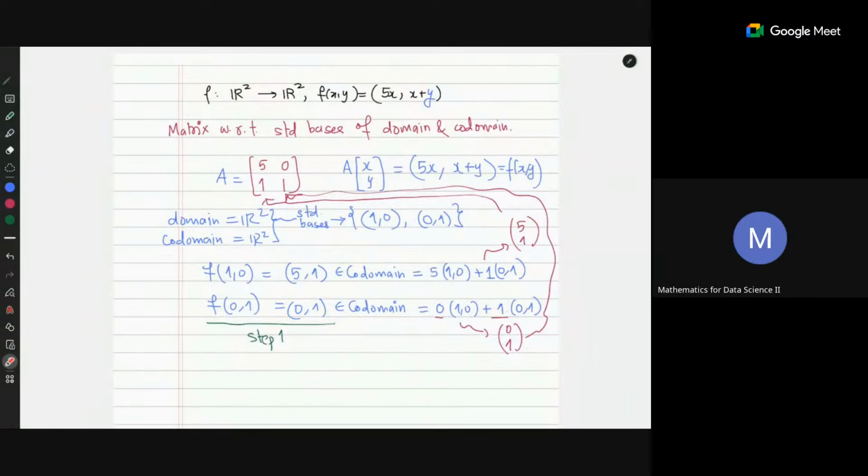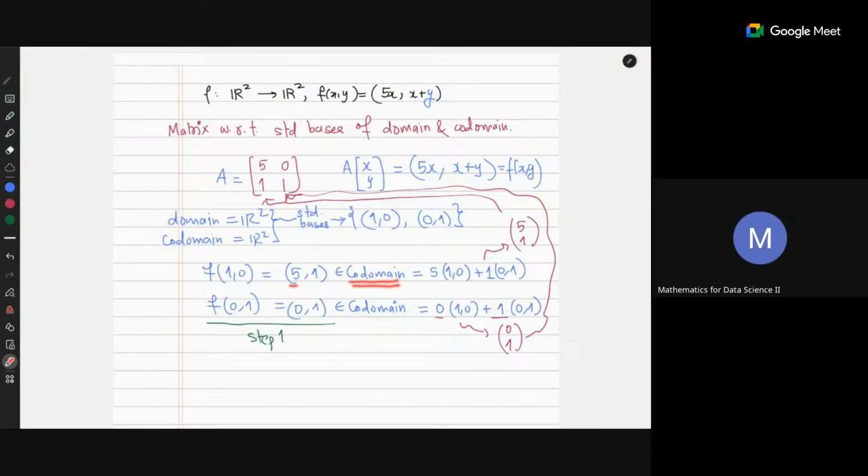Now I know that any vector in a vector space can be uniquely expressed in terms of its basis. So that is what I'm doing. I have a basis given for the codomain.